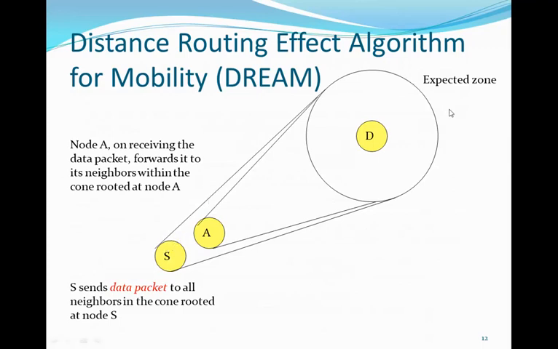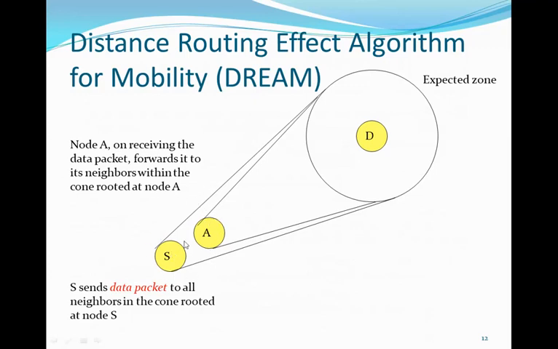DREAM allows nodes to make a cone-like structure to discover the expected or desired destination. Here you can see that source S knows about all the surrounding neighborhood nodes. Therefore, he knows that his desired destination is not in his particular zone.